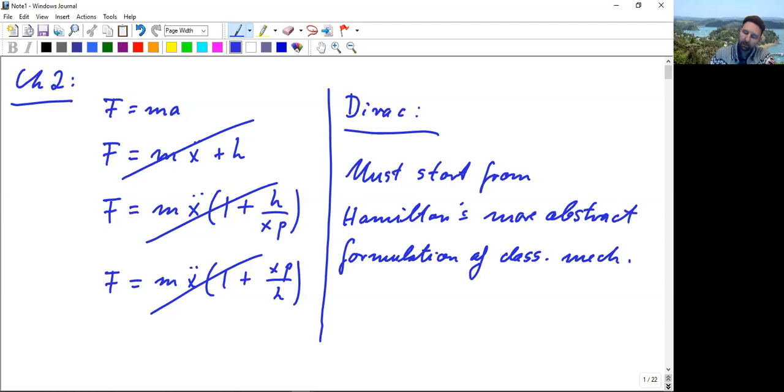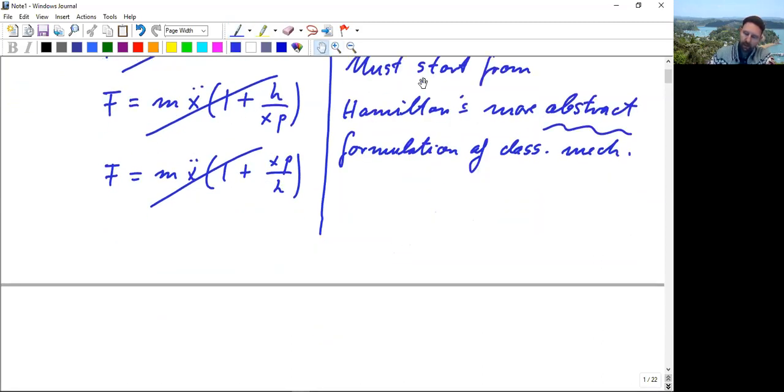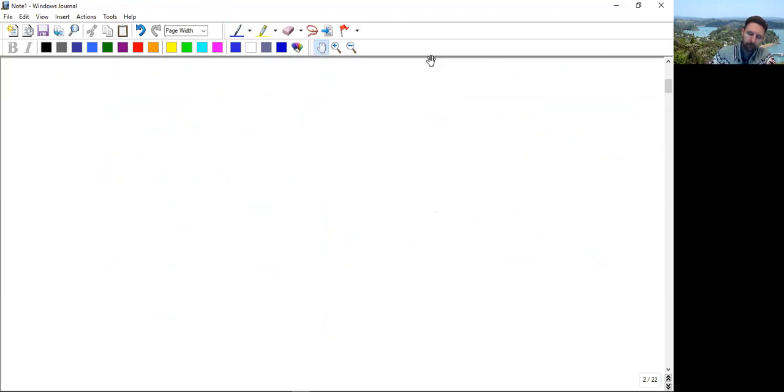Now, what do we mean by abstract? I mean something very concrete. Namely, levels of abstraction.